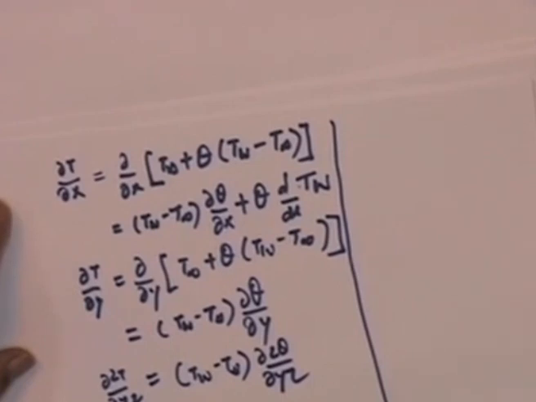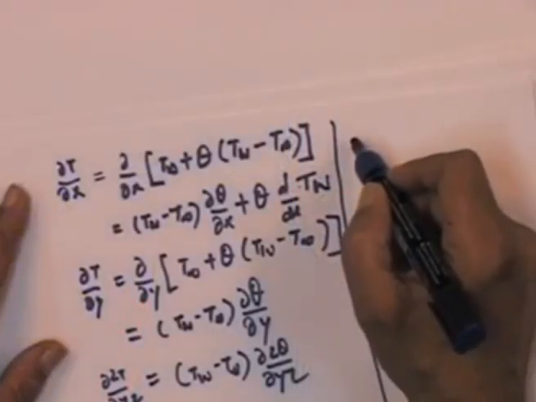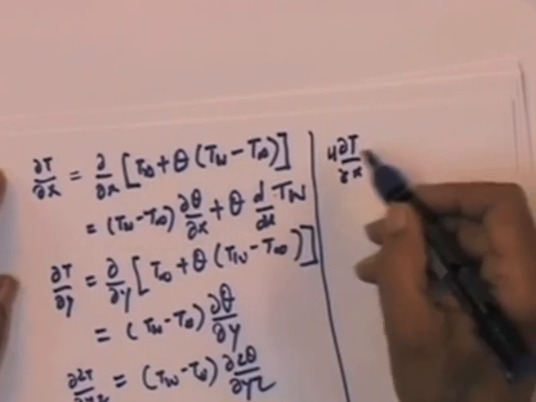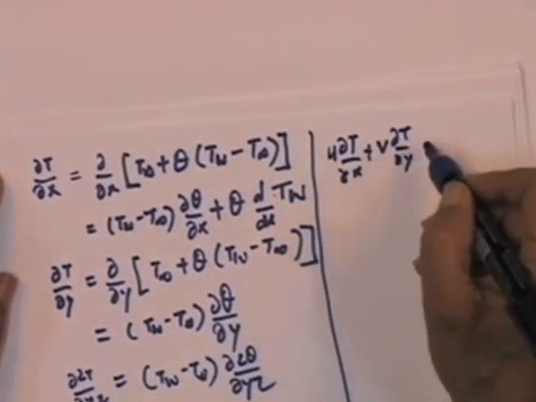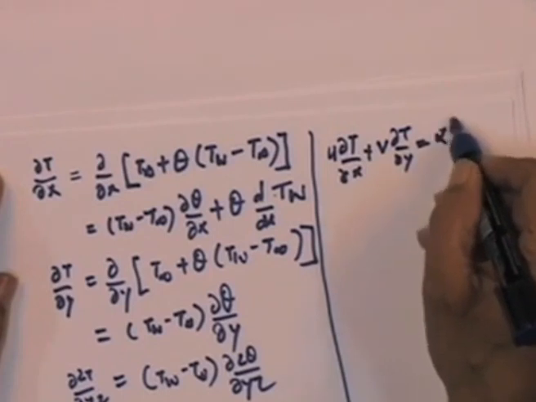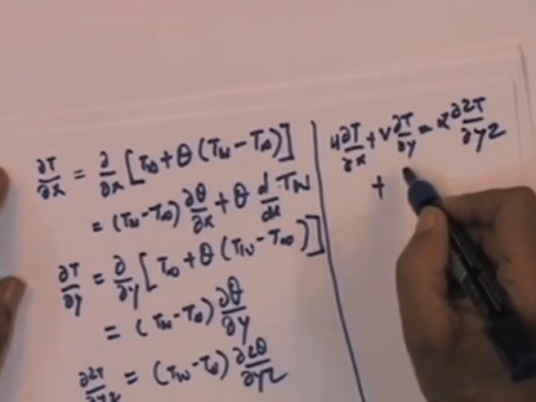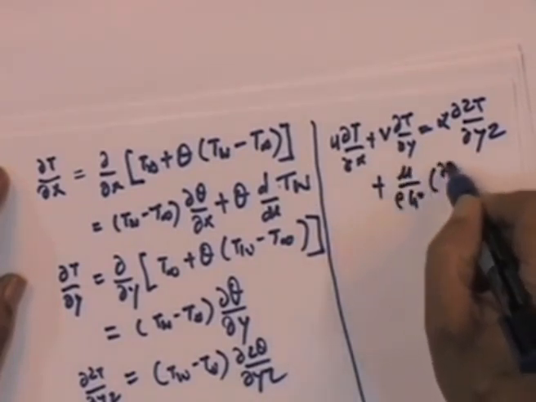And therefore, upon substitution, you will see the equation would now become, dividing through by rho Cp, u dT by dx plus v dT by dy equal to alpha d2T by dy square plus mu by rho Cp du by dy whole square.